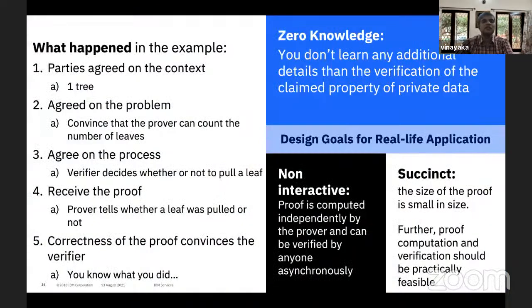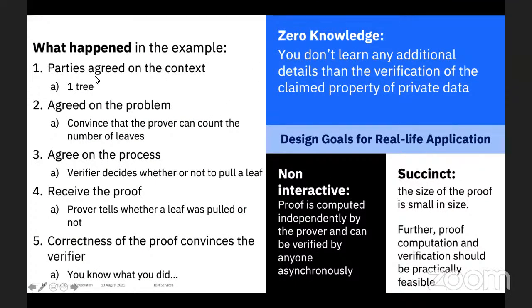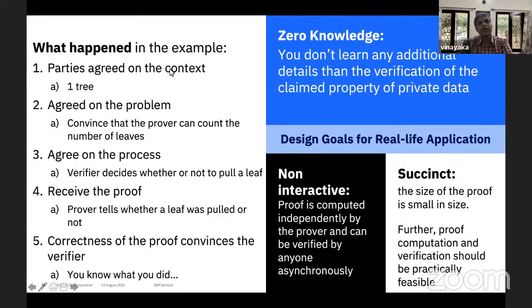So this is what is happening in a zero knowledge. Okay. Essentially, the parties agree on a particular context. Okay. What is the knowledge? What is the claim that somebody wants to make? And they do that. And once they agree on the problem, then they agree on the process, right?